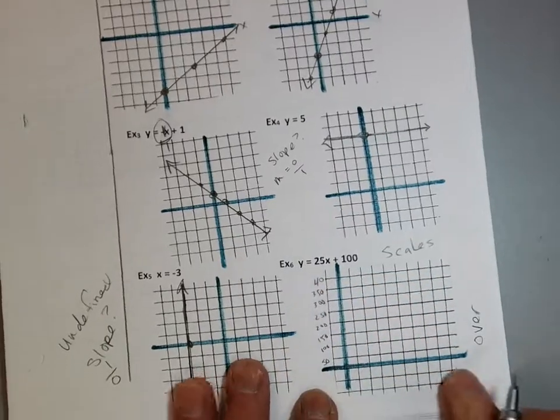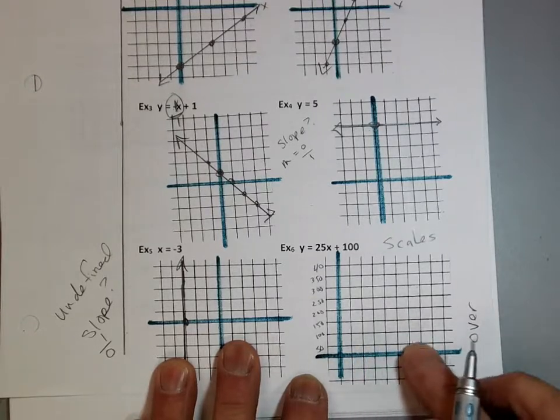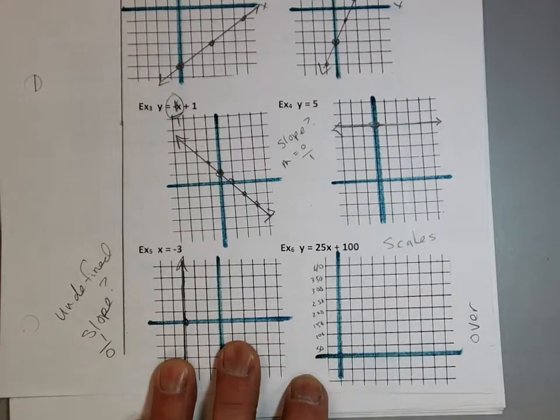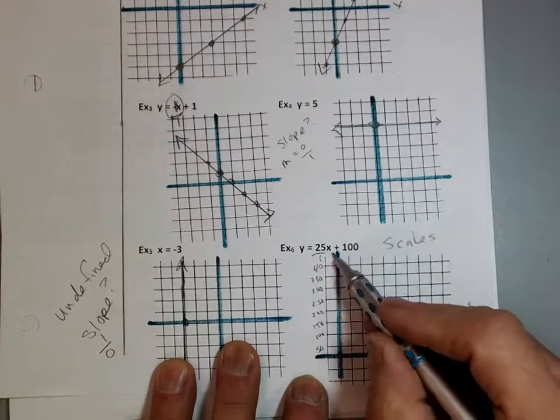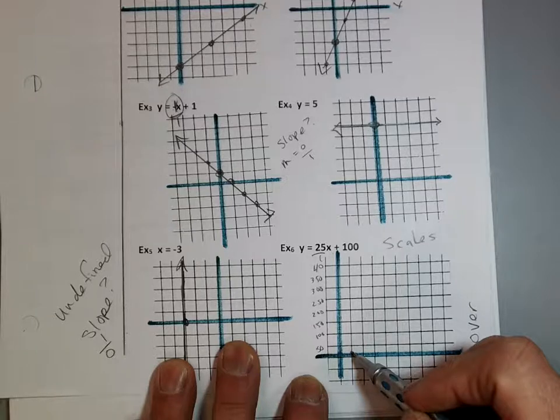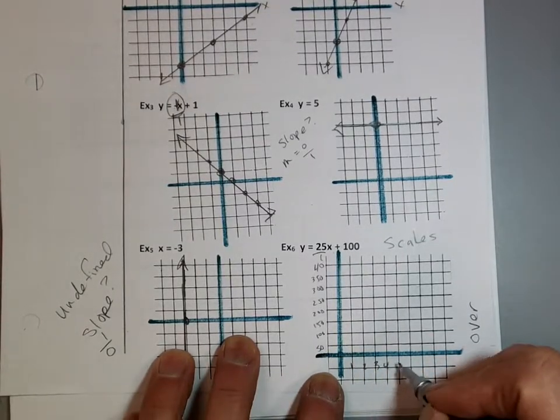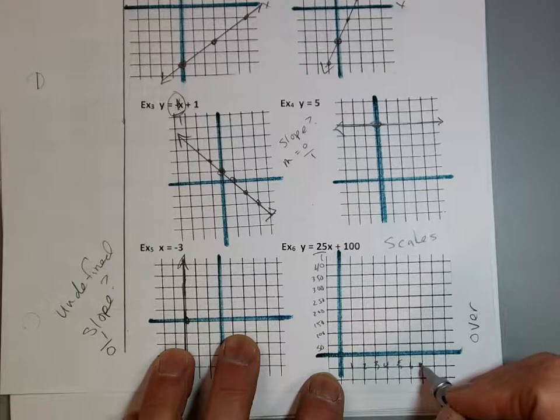And then how about scales down here? Correct. Why am I going to go by ones? Because it's over 1. Yes, it's over 1, right? Because you're going to go up 25 and you're going to go over 1, right? So this is going to be really 1, 2, 3, 4, 5, 6, 7.